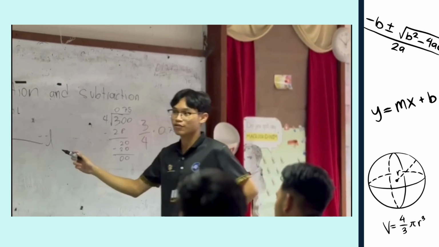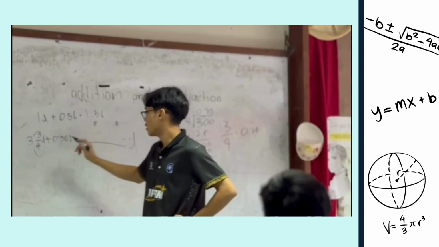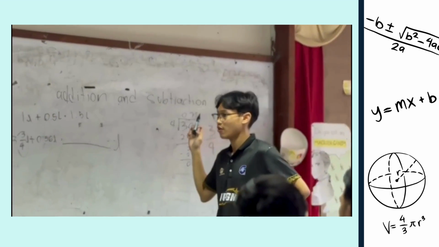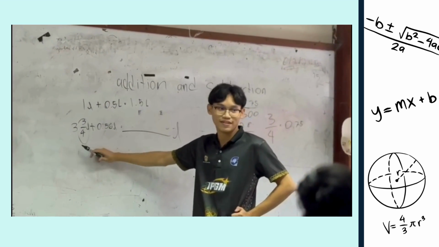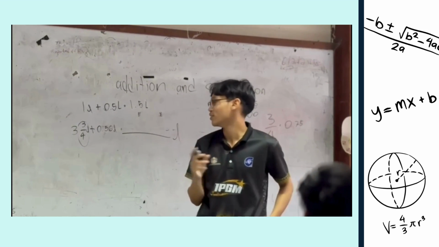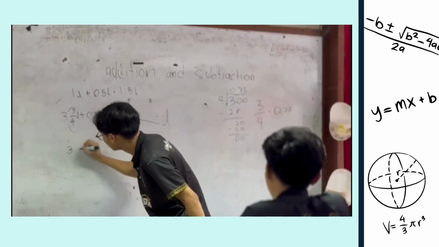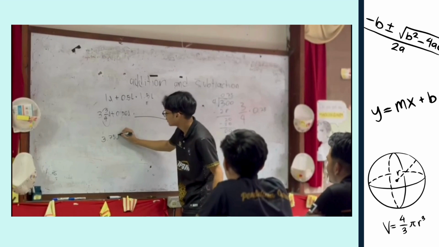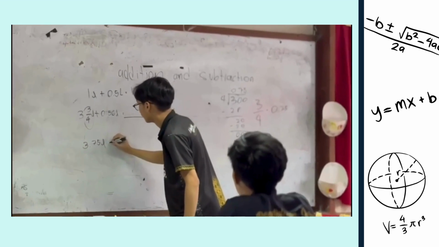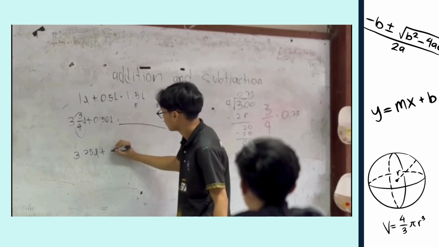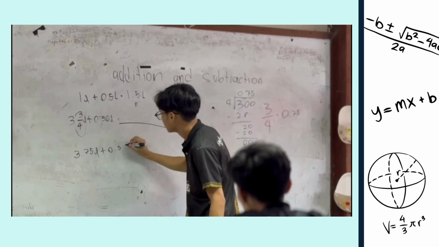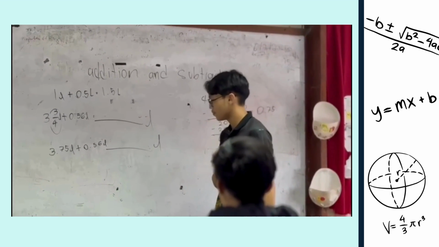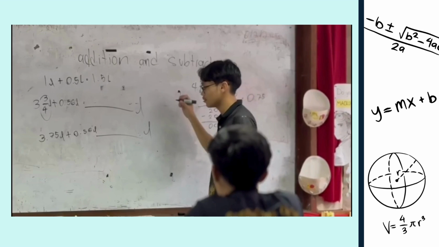So the question we need to solve is, if 3 over 4 is 0.75, what do we get in this? 3.75 liter plus 0.56 liter.